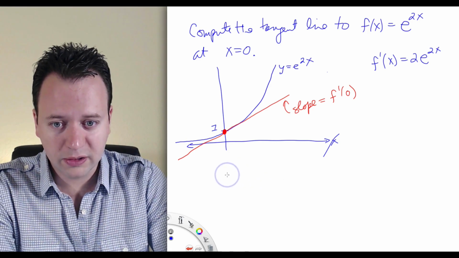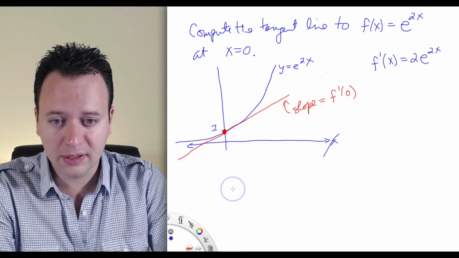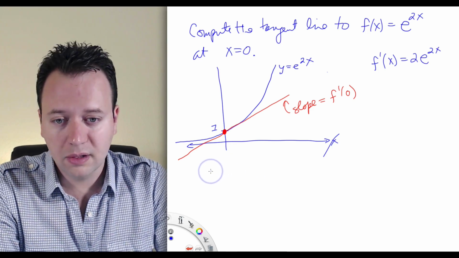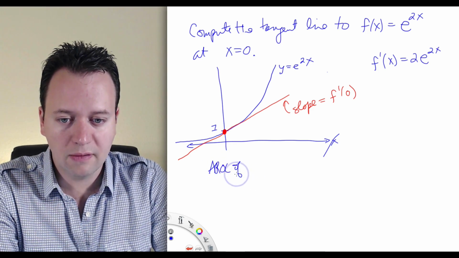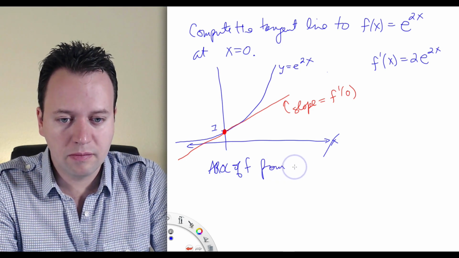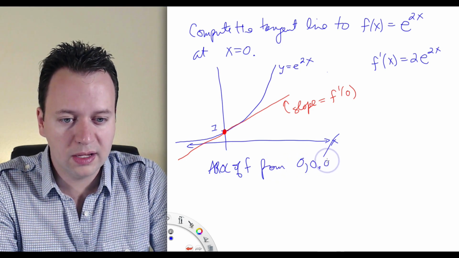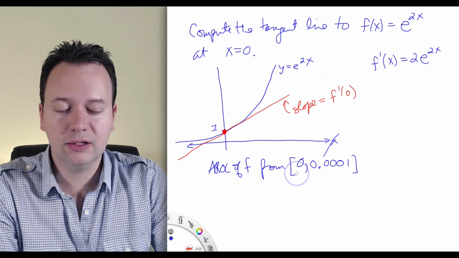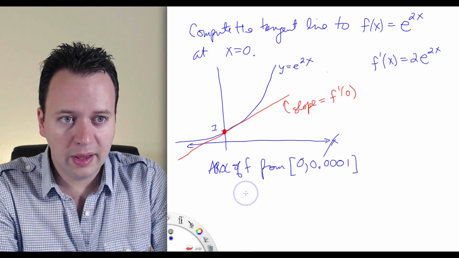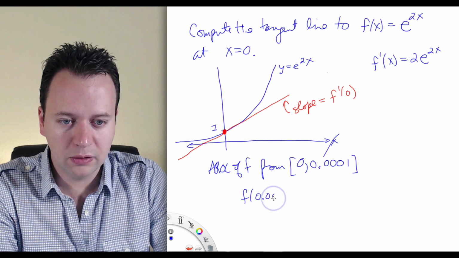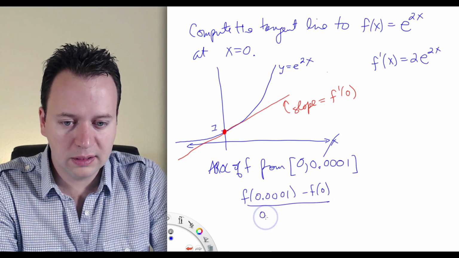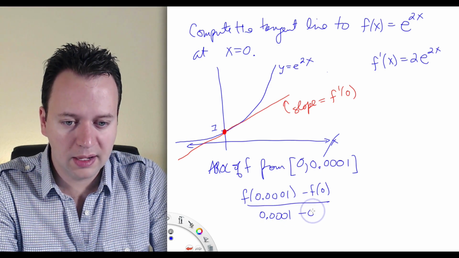We can just pick one small interval for just an example to see if this derivative is indeed correct. So let's compute the average rate of change of f from, let's say, 0 to 0.0001. It's a nice small interval. Okay, well that's going to be f of 0.0001 minus f of 0 over 0.0001 minus 0.